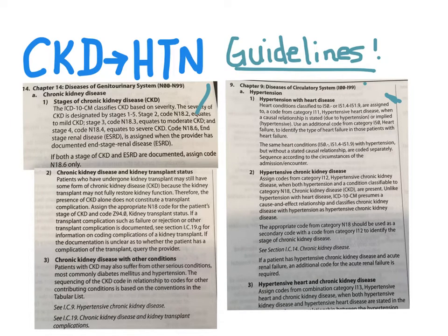On another note, let's talk about chronic kidney disease. It's important to understand that ICD-10-CM always presumes a cause and effect relationship between chronic kidney disease and hypertension. Now, how do we know this outside of the textbook telling us?